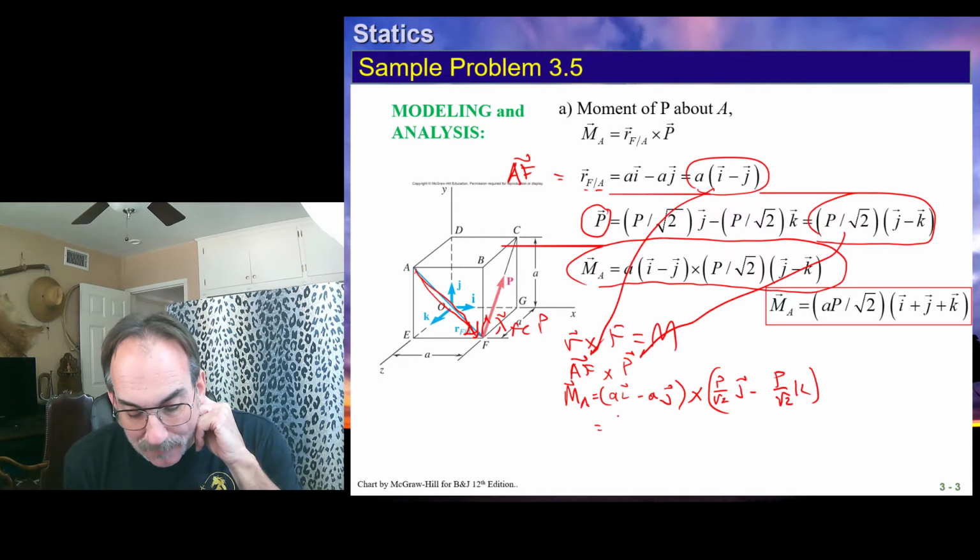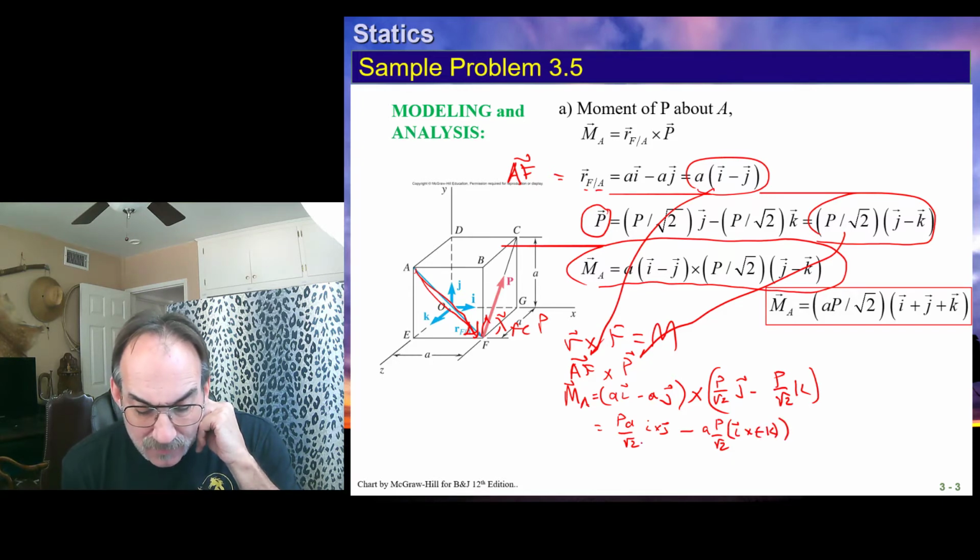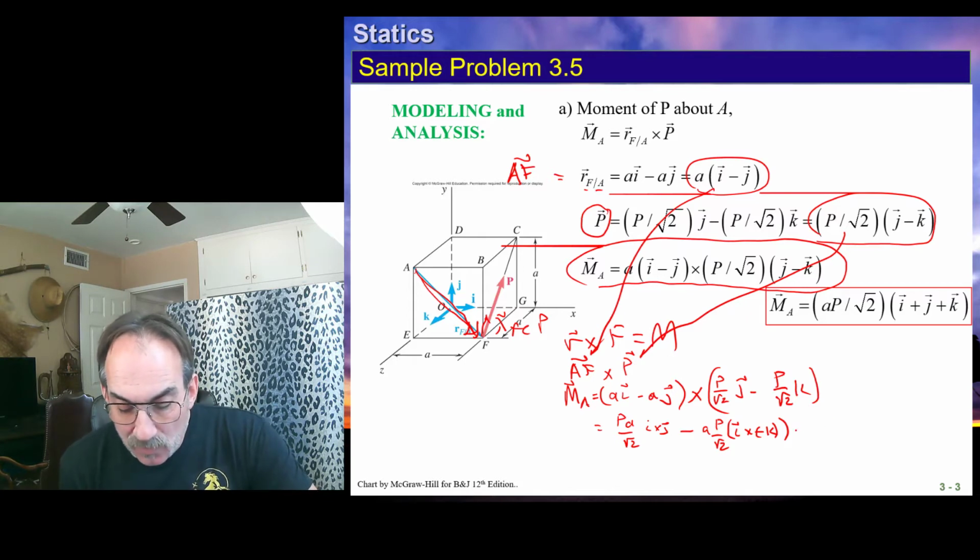That means we have PA over square root of 2, and then we have i cross j. Then we've got minus AP over square root of 2, i cross, this is plus i cross minus k. Okay, this was i cross j, yes. i cross minus k, yes, okay. And then we have our next term, which is, let's just say, plus AP over square root of 2.